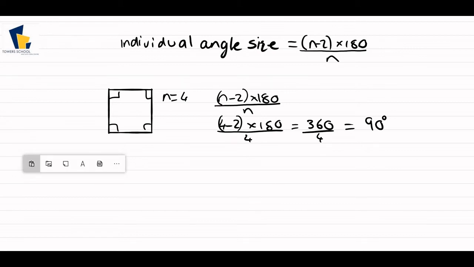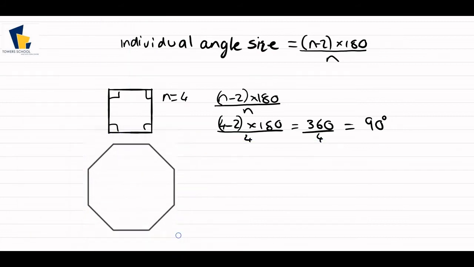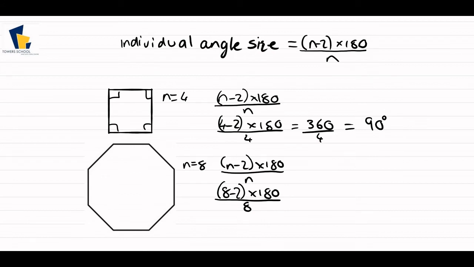Let's have a look at completing this for the octagon as well. We know that n is 8. So we're going to do n minus 2 times 180, divided all by n. Let's substitute our number of sides in. So 8 minus 2 times 180, divided all by 8.